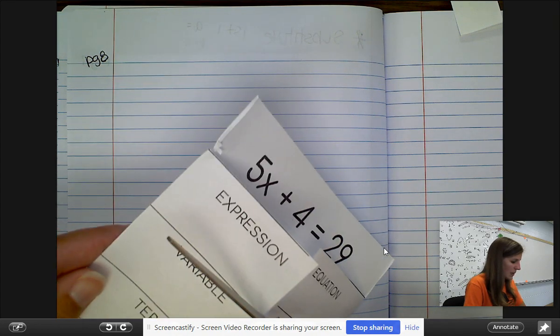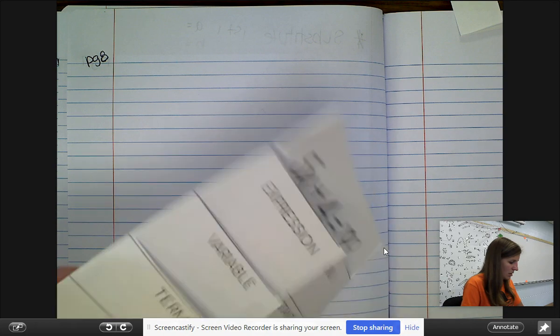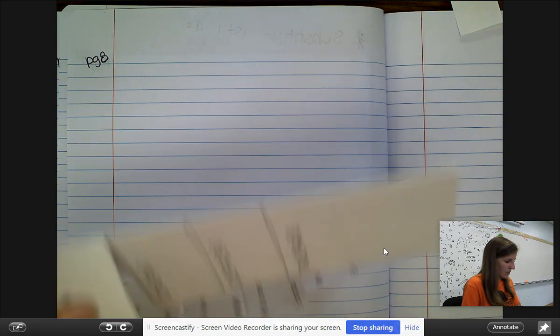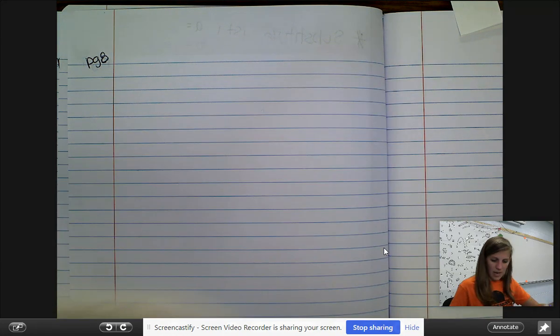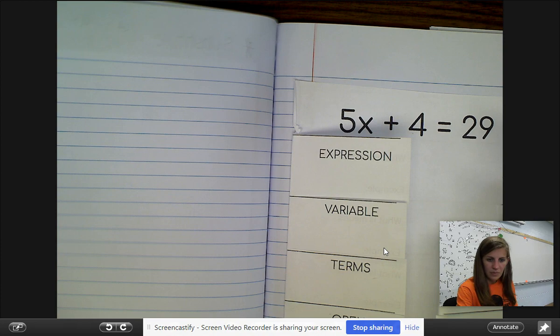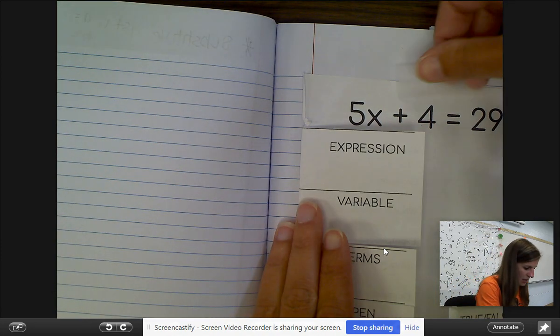And if you want to cut each little door, you can to make it super cute. There we go. Put that on page 9. A little glitter tape, and then we'll get started.